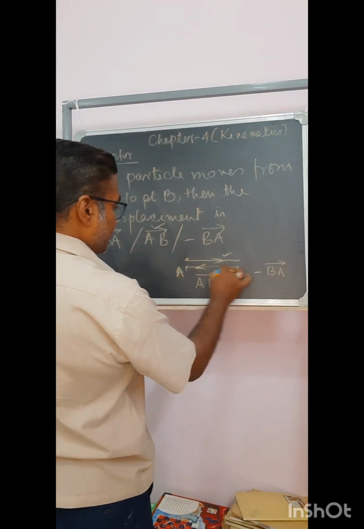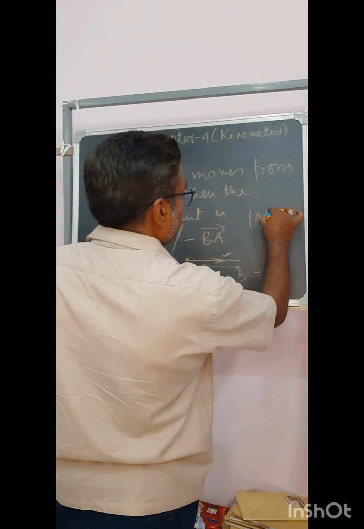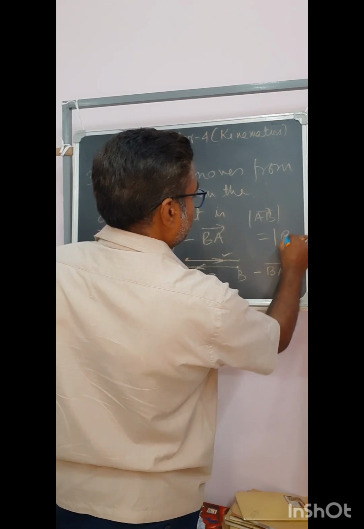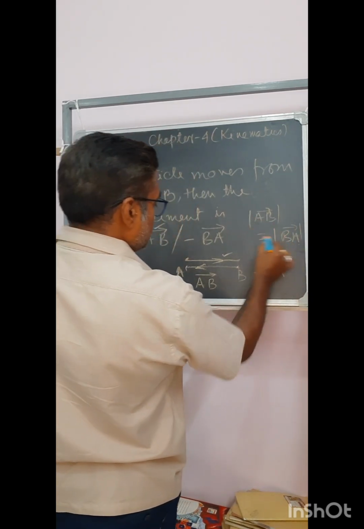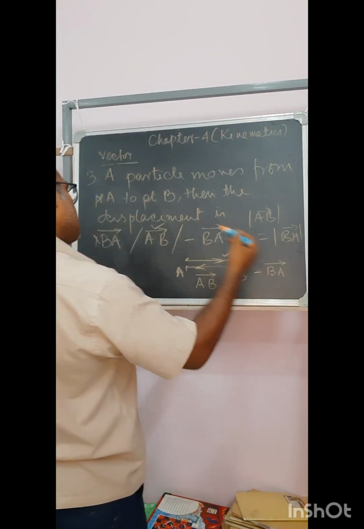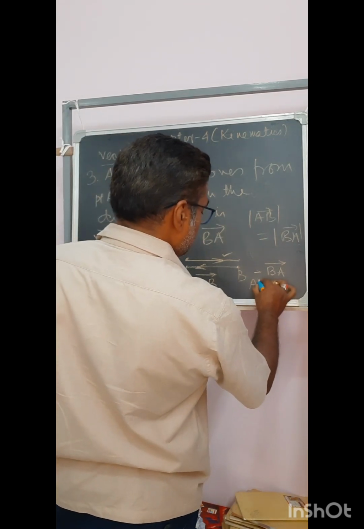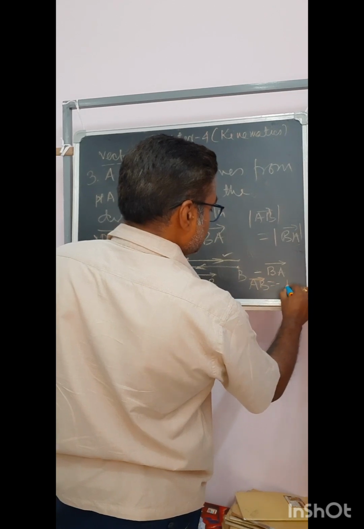Now if the magnitudes of these two vectors are the same, that means AB equals BA in magnitude. Vectors only differ by direction, and that too just opposite, 180 degrees apart. So in that case, these are related with a negative sign.